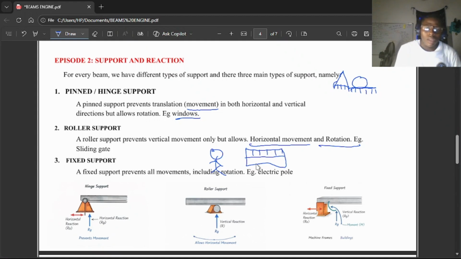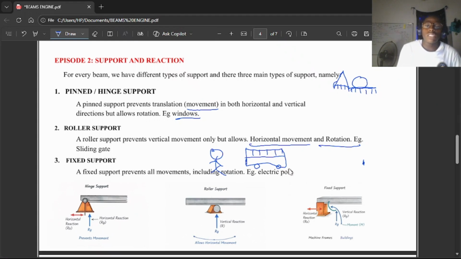Now, what happens when you have your gate? You are going to see some balls on your gate. Actually, they put two rolling balls. Look at the gate here. From this point to this point is your gate, right?